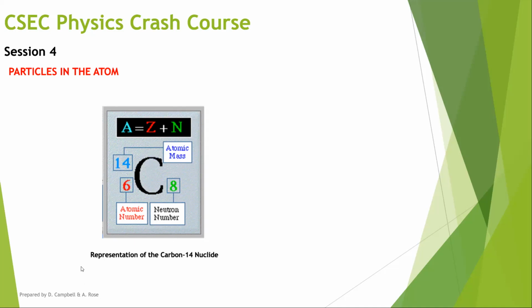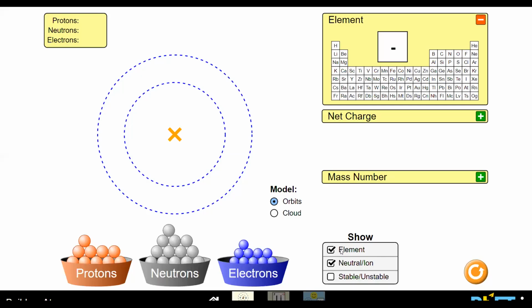All right, we are going to go to a simulation for the atom, just to emphasize the nature of the periodic table and how the elements are classified. Okay, so this simulation is called Build an Atom.